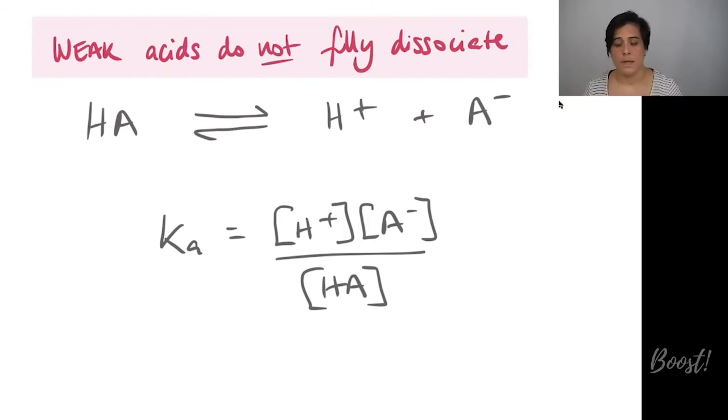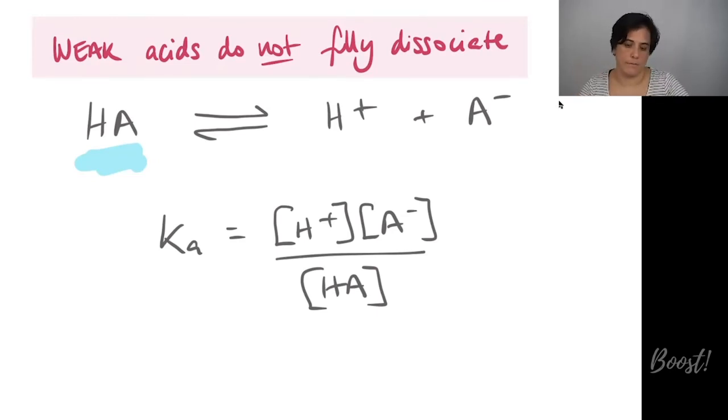So if we write our weak acid equation showing a reversible reaction like this, because they don't fully dissociate, meaning this is a reversible reaction. In fact, they very barely dissociate, which means that most of what is there in our solution is actually our acid.